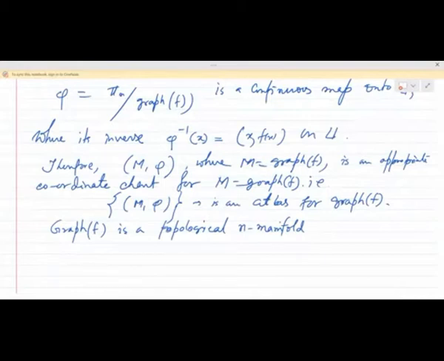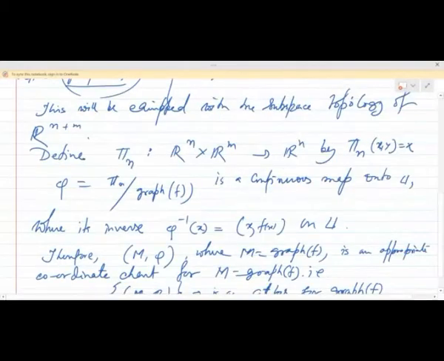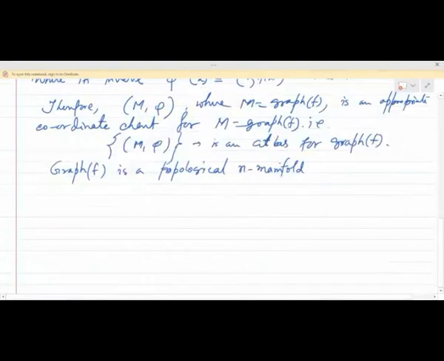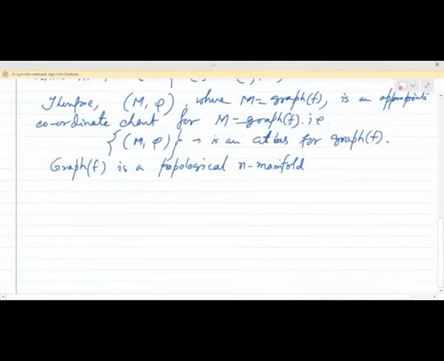As we have considered the open set U lying inside Rn, this says that the graph of f will be a topological n manifold.